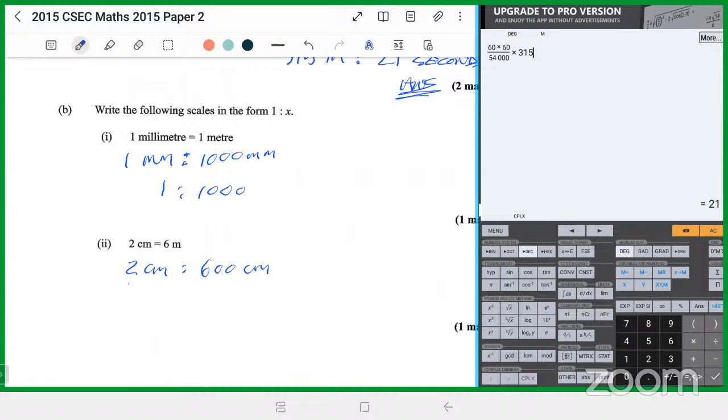And that's it. Divide both sides of this now by 2, and I can cancel the units as well. If I divide by 2, I get 1 centimeter to 300 centimeters, and it can drop off the centimeters. So it becomes 1 to 300. In this case, x is 300. That is it.